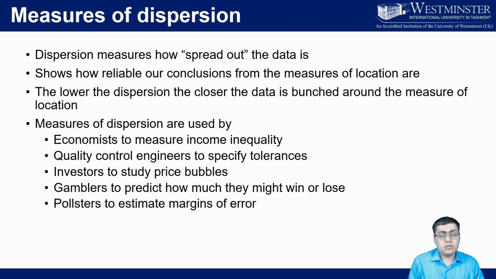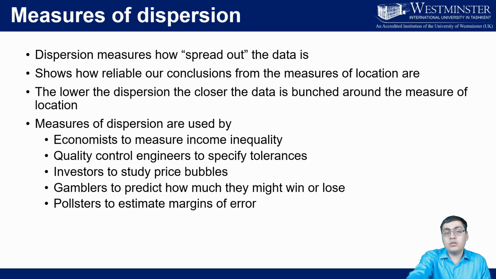And measures of dispersions are used in a variety of fields and disciplines. For example, economists can use it to measure income inequality. Quality control engineers use it to specify engineering tolerances. Investors use it to study price bubbles.